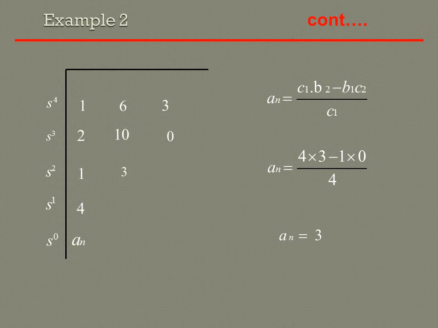So c2 term is not there, so take 0 at the place of c2. So in the s raised to 1 row, 4 and then 0. Now to calculate an we write c1 into b2 minus b1 into c2 divided by c1. So that is 4 into 3 minus 1 into 0 divided by 4. So an is equal to 3.